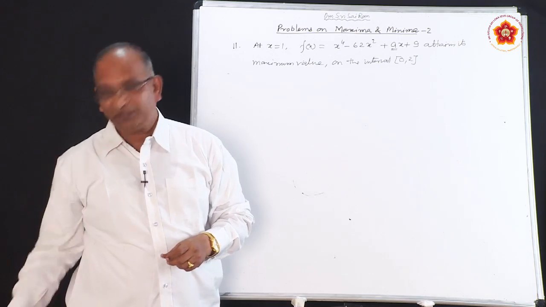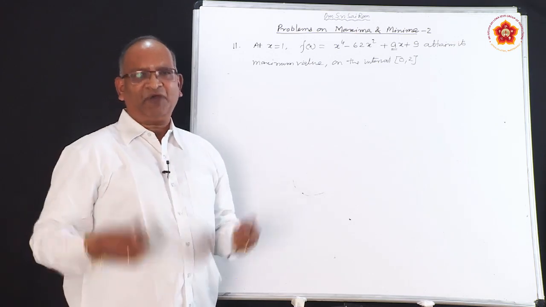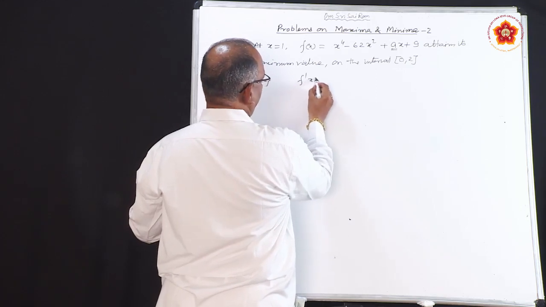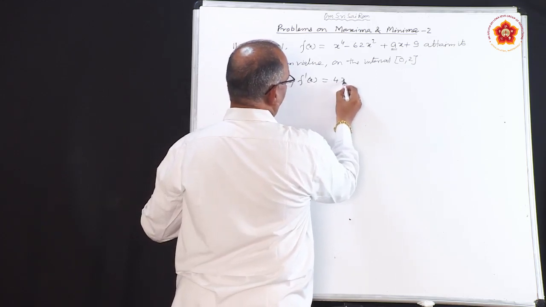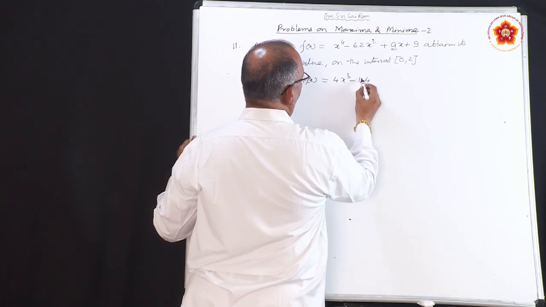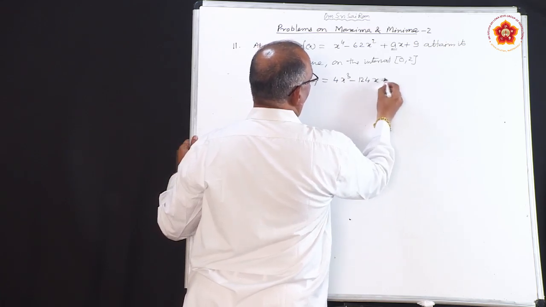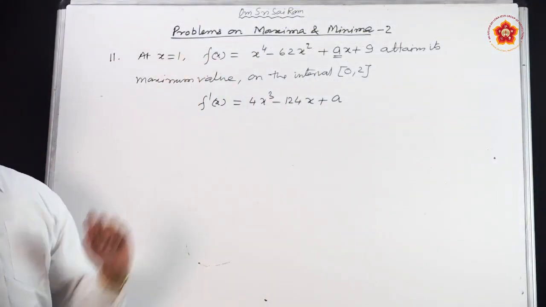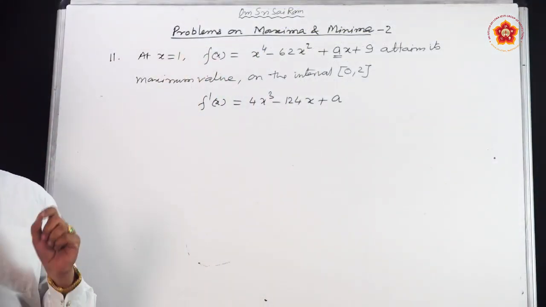So, how do you find out the value of a? We follow the normal procedure, that is find out f dash x. Because derivative of ax is going to be a into 1, so a.